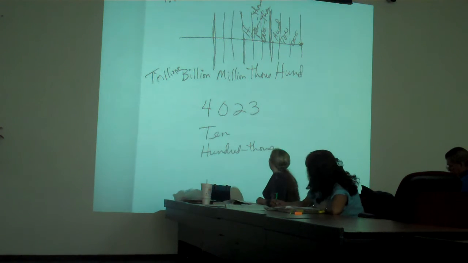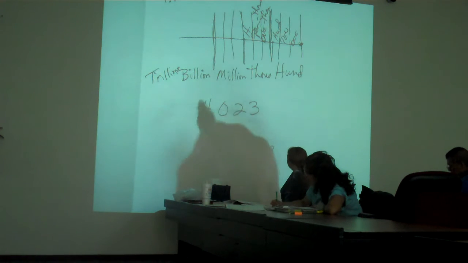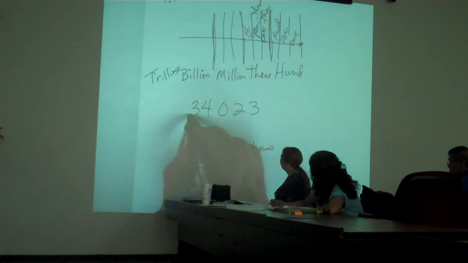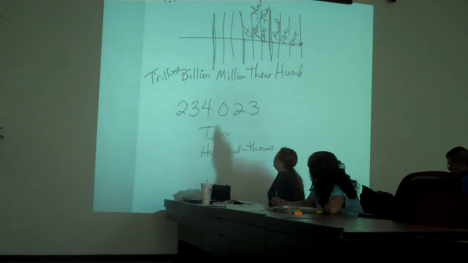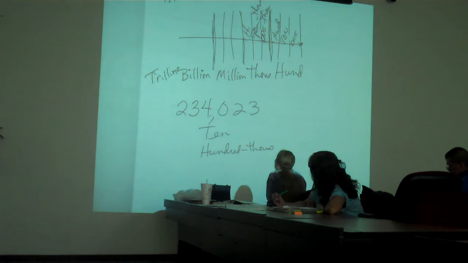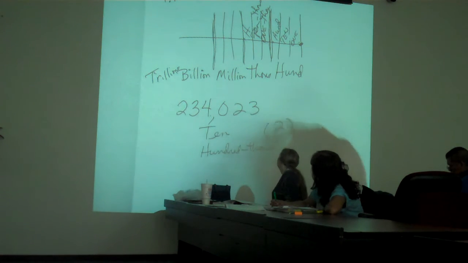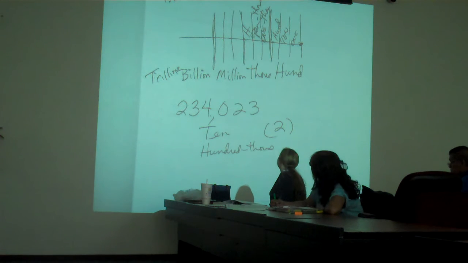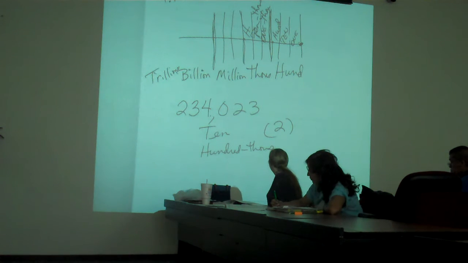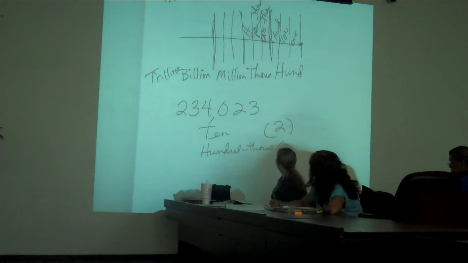I better put some more numbers on there, because that only goes up to 1,000. Let's put some numbers in front of it: 234023. What number is in your 10 place? 2. And what number is in your 100,000s? 2. And the other 2.